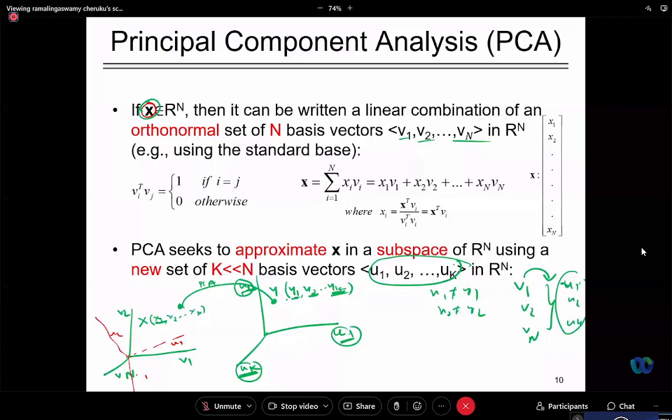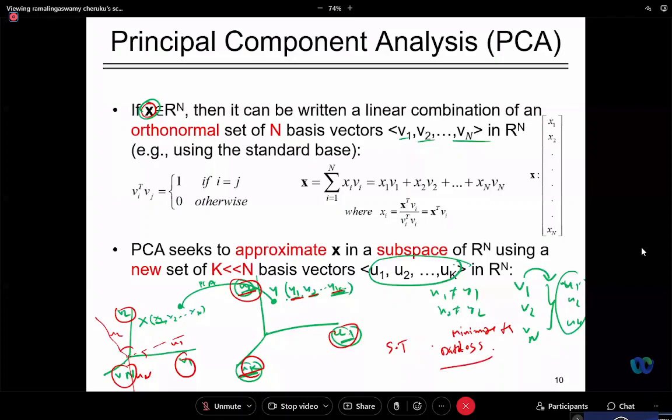Obviously, the question is how we have to change this basis vector such that we minimize the data loss, isn't it? This is our objective, right? We have to minimize the data loss by changing the basis vectors.